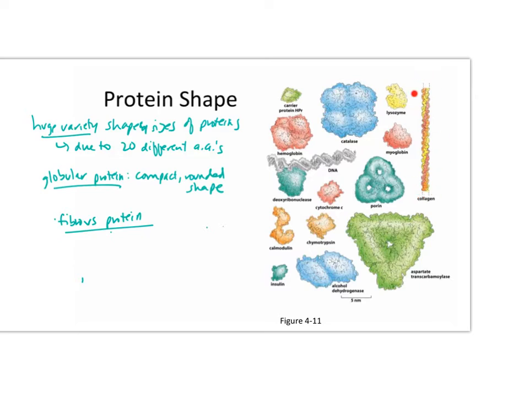Hopefully collagen jumps out at you. That is a fibrous protein. And as we might expect, these long, skinny structures also often have structural roles rather than catalytic roles. So kind of building materials.